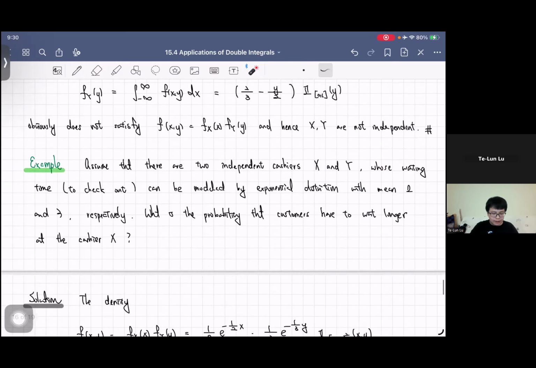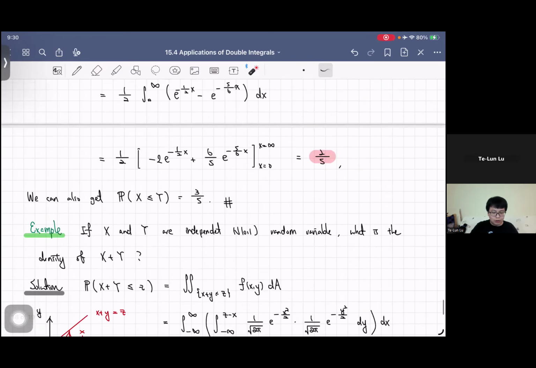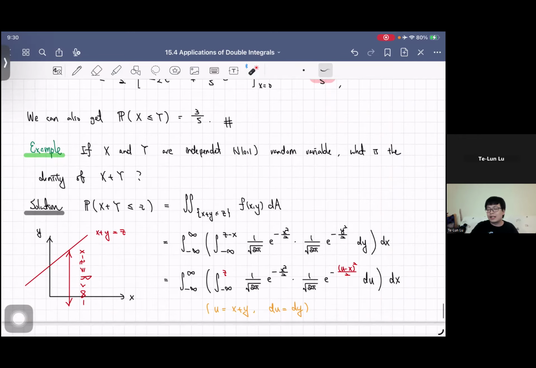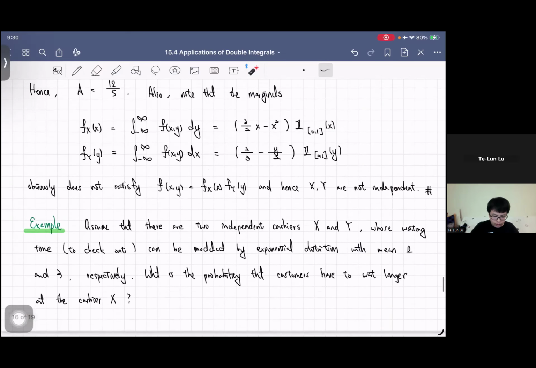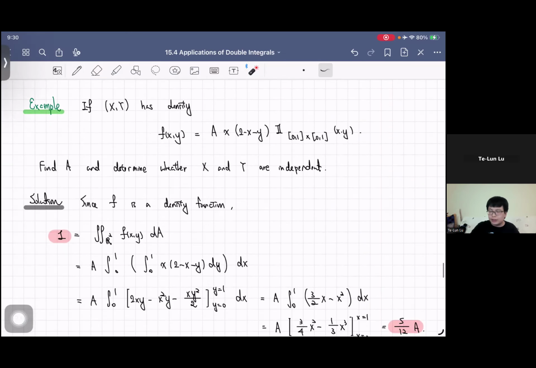And finally, we have this example that shows that the normal distribution has a nice behavior where if you add up 2 independent ones, you get a new normal distribution. We also have this very practical example, which is likely to be on your quiz or in your future probability homework, that you can find a constant by requiring the density function to have integral 1 over the whole region that you're considering.